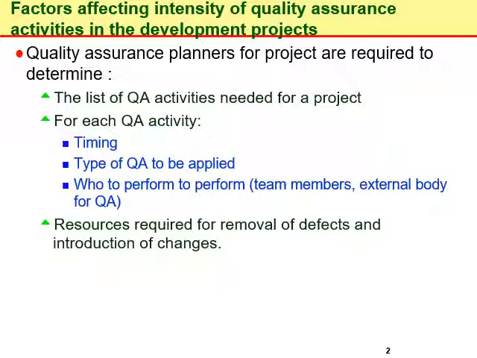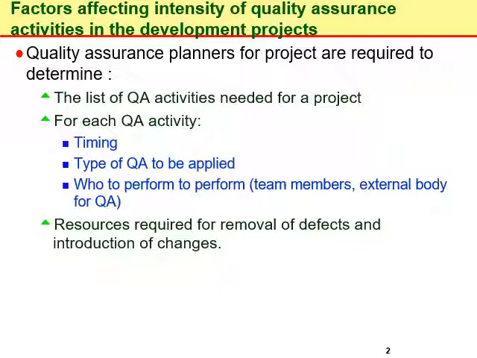Similarly, it is also important to note in the development plan who will perform these activities. For example, what specific team members would perform this activity. It is important to consider that various bodies, for example, external bodies or external teams, may participate in performing the quality assurance activities.